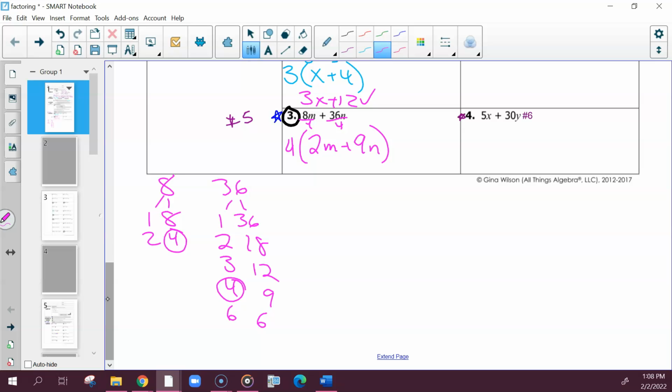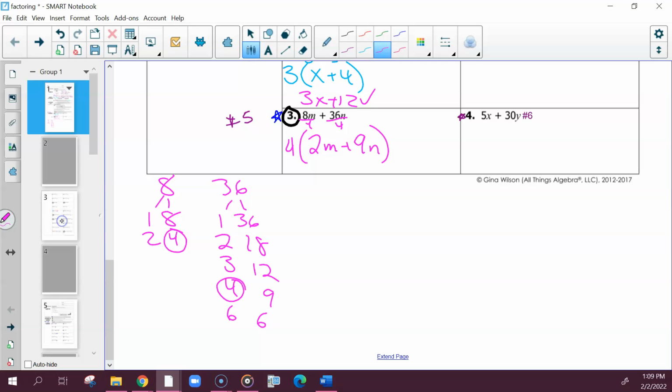Two numbers or more multiply together to equal a particular number. Those are factors. So think in terms of multiplication, division, not in terms of subtraction and addition. We're trying to get it back into its factored form, like what it would be before we would have distributed. Okay.